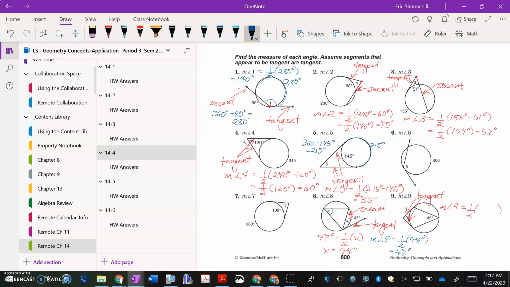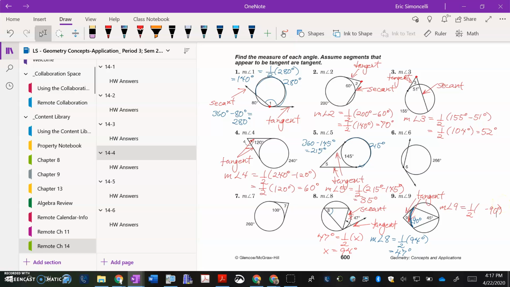Working back to a prior section, 45 degrees is half of this arc right here. So if you multiply 45 by 2, you end up with 90. As far as the subtraction goes, 90 will be the second arc, and we've already set ourselves up where we're subtracting.